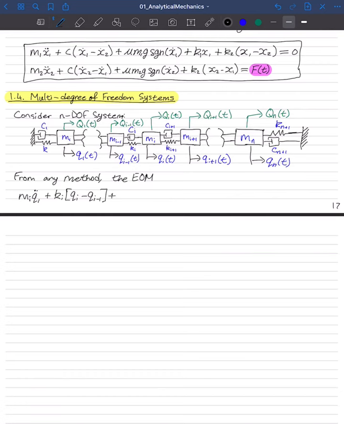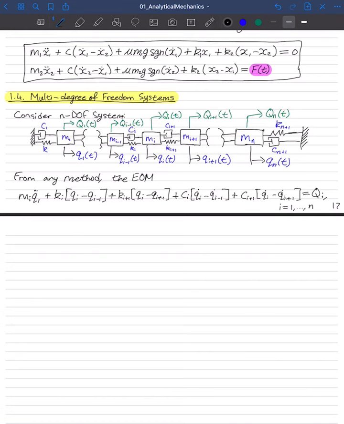Then we get plus k i plus 1 times qi minus qi plus 1, plus ci times qi dot minus qi minus 1 dot, plus ci plus 1 times qi dot minus qi plus 1 dot, and then this is equal to Qi, and this is valid for i equal to 1 all the way up to n.